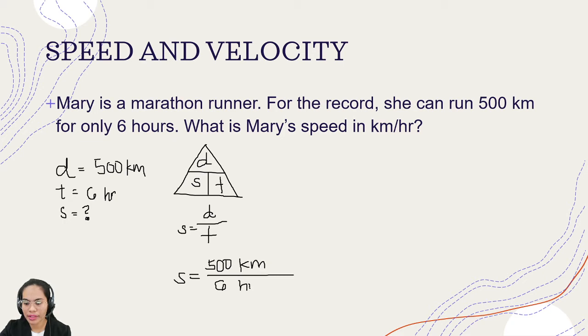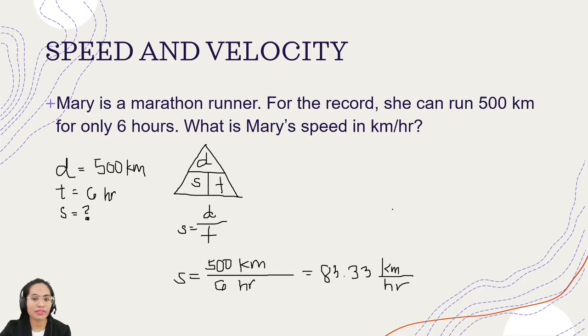Okay? 500 divided by 6, this is ilan? 500 divided by 6. Okay? Do you have any idea? 500 divided by 6, this is 83.33. 83.33 kilometers per hour.